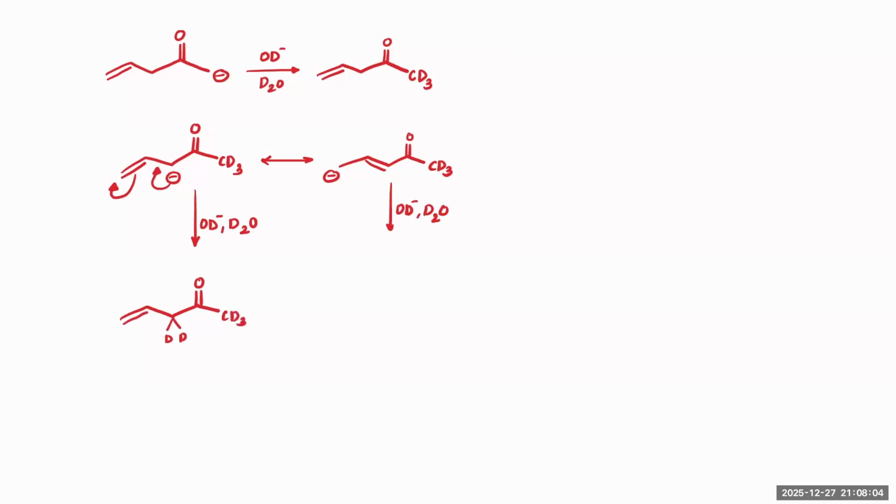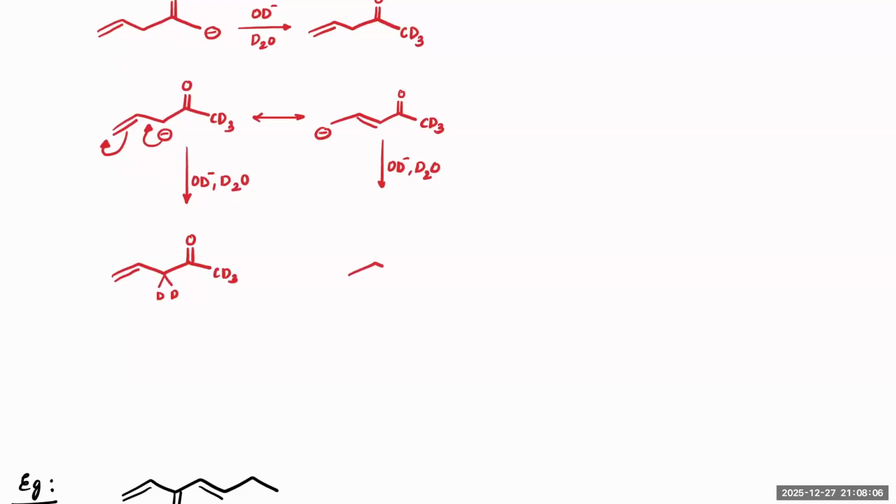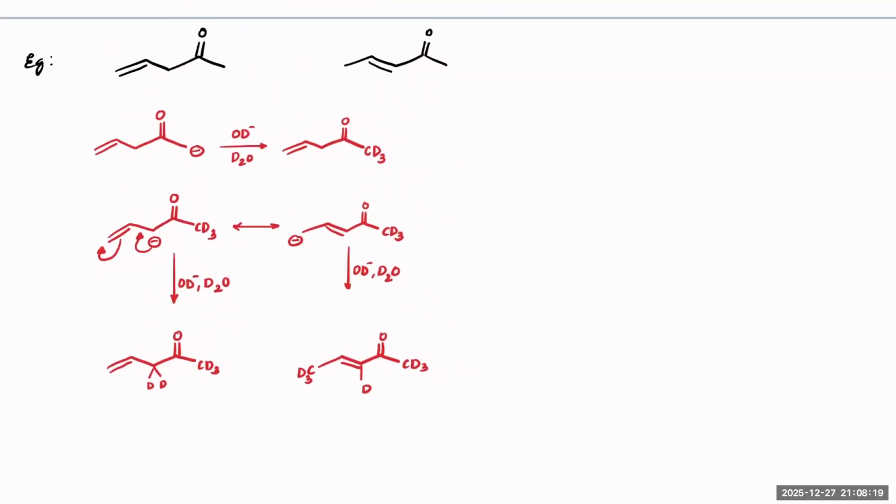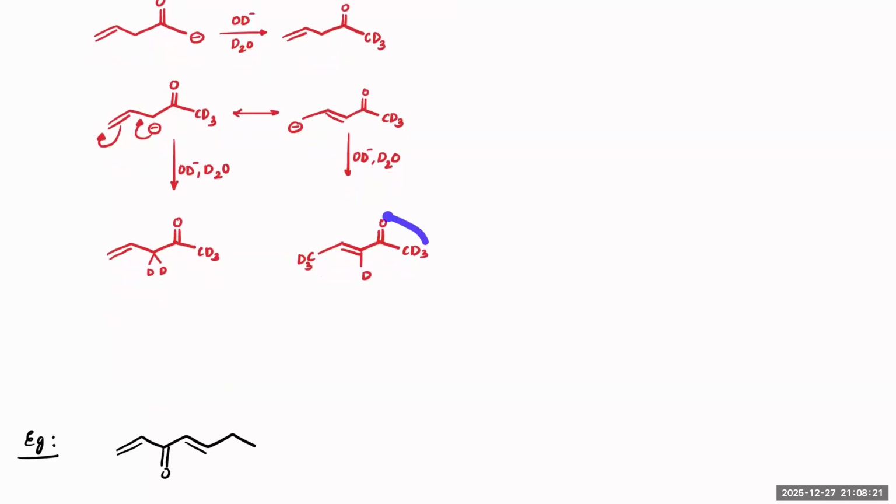CD3, correct? And here also, if you notice that we will have a double bond, we can get this as CD3 and CD3 here, correct? Here already there is a deuterium replacement like this, okay? So finally, this is where you will reach at the end point.